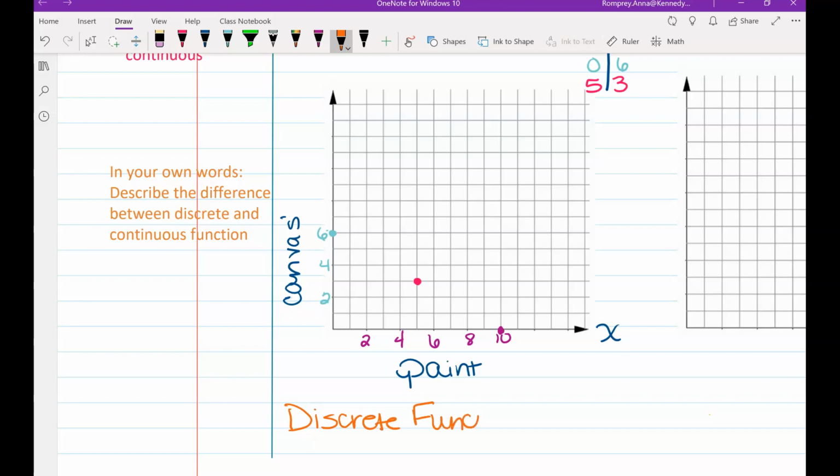So we have discrete functions. So we do not connect our points. They are just individual points because we can't buy partial paint.